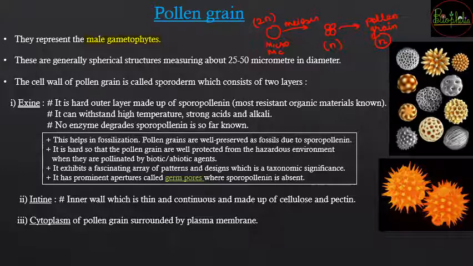अब पोलन ग्रेन्स जनरली are going to be spherical in structure और उनका साइज होता है about 25 to 50 micrometer in their diameter. So it is a very small structure and it is very difficult to see its complete structure with naked eyes.